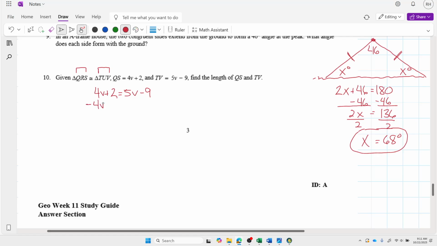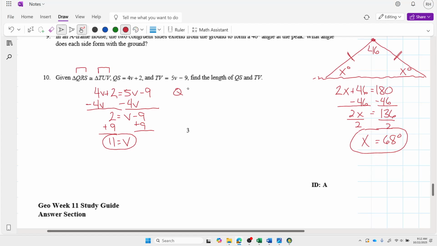Subtract 4V from each side. And 2 is equal to V minus 9. And then add 9. So 11 is equal to V. So we're going to go back then and substitute.